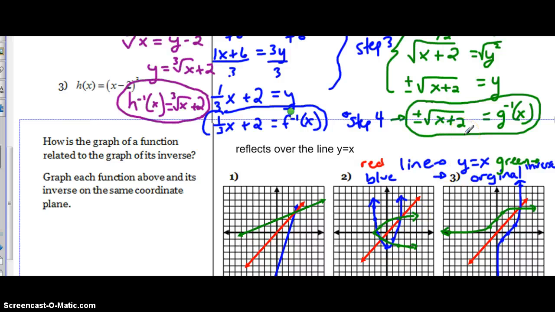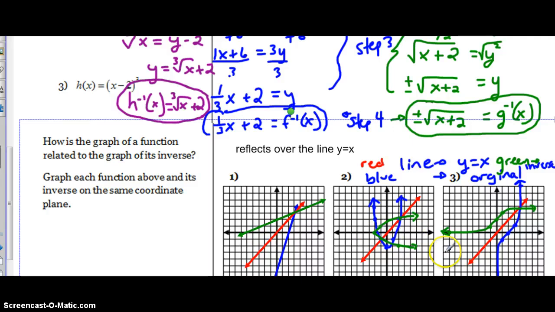Our green is a square root, and it's left 2 because it's plus 2 inside. The positive version goes up, and then the negative would go down. So using transformations, again look at points to switch. So (0, 2) on my blue should be (2, 0) on my green.